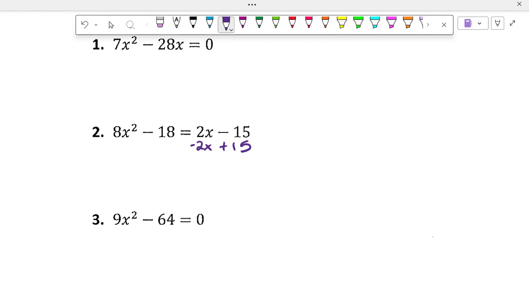Remember, because we don't want to touch the x squared because we want that to remain positive. So the only time you would subtract an x squared over or add it or whatever is if the x squared was initially negative. All right, so that goes away. We should get 8x squared minus 2x plus or minus 3 is equal to 0.